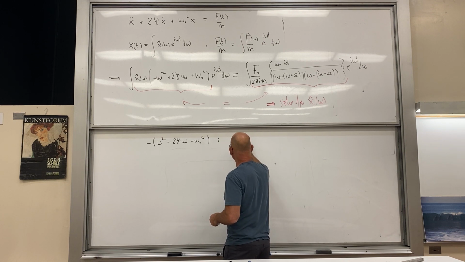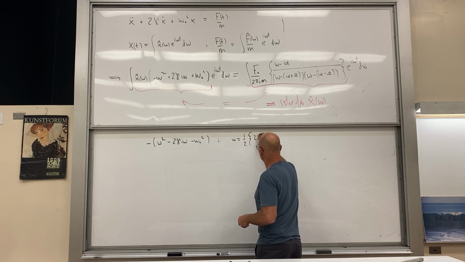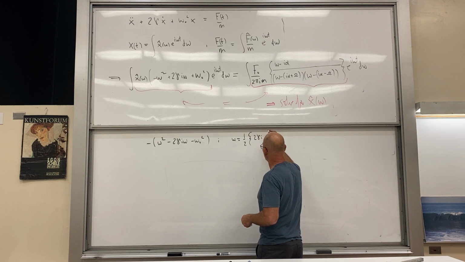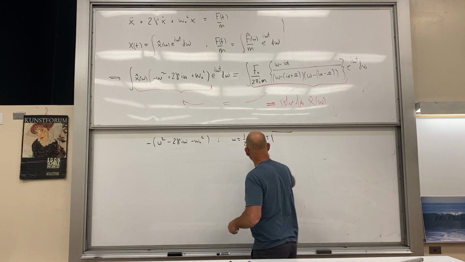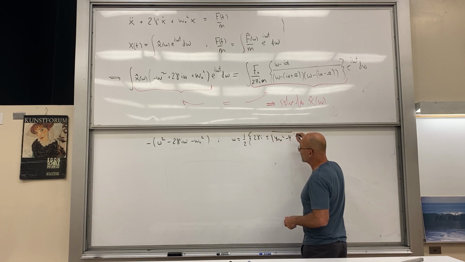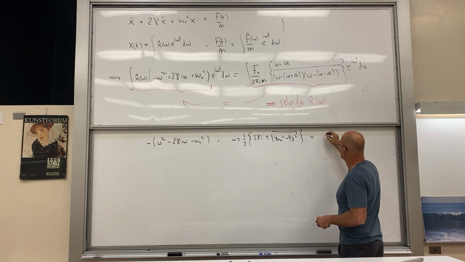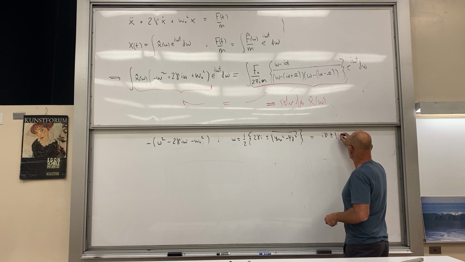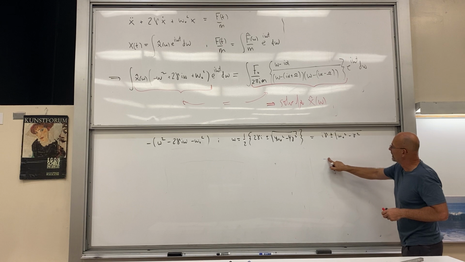So omega equals 1/2 of 2 gamma i plus or minus the root of minus 4ac, 4 omega naught squared minus 4 gamma squared. So that's i gamma plus or minus the root of omega naught squared minus gamma squared. Okay, those are the two roots.